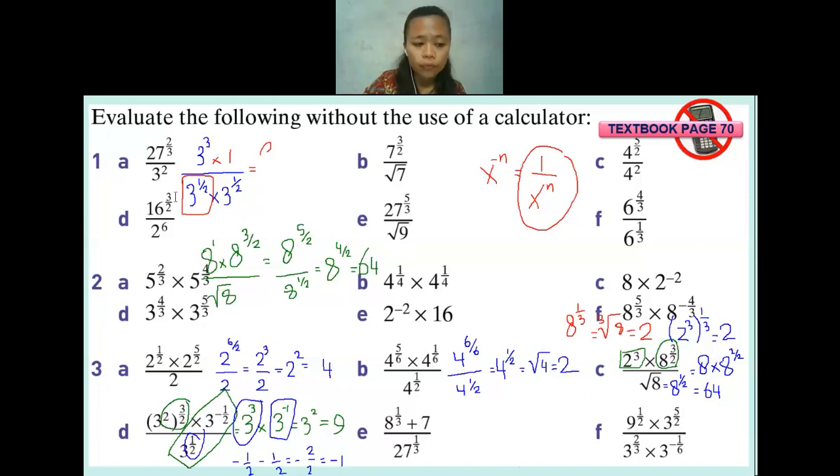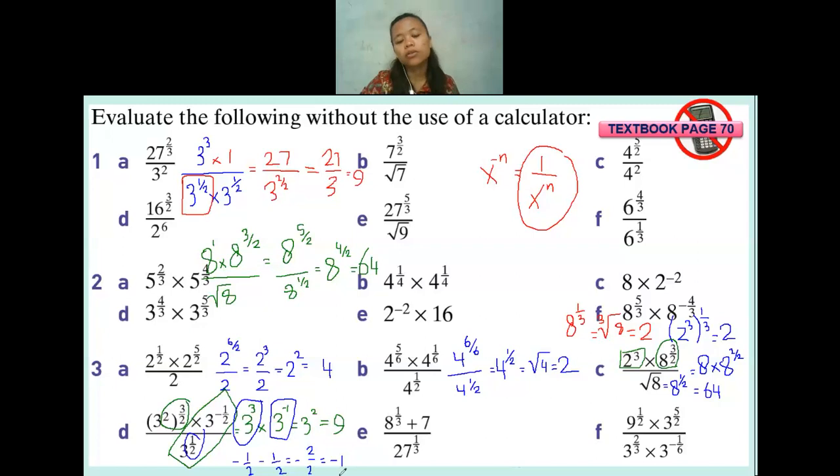So now we can simplify it one by one. We simplify the numerator and the denominator. Multiplied by 1, it will stay as it is, or maybe you can find 3 to the power of 3, which is equal to 27. You can write 27 times 1, it will be 27. 3 to the power of a half times 3 to the power of a half will be 3 to the power of 2 per 2. 2 per 2 is equal to 1.